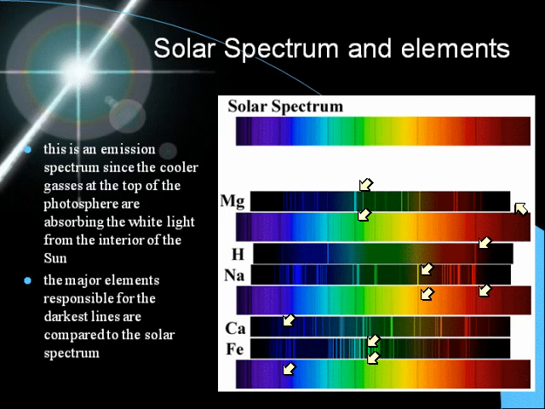So, again, it takes a little bit of detective work, but if you analyze the light coming from distant objects, you can actually find out something about the composition, what elements are present. And that's a very important piece of information.